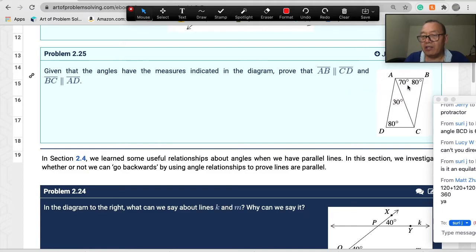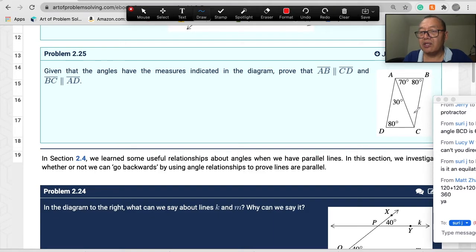So now let's see if we can get the corresponding angles congruent. In this diagram, they give us this angle BAC equals 70 degrees. This one is 80 degrees in triangle ABC.